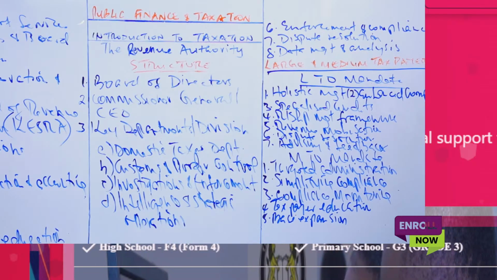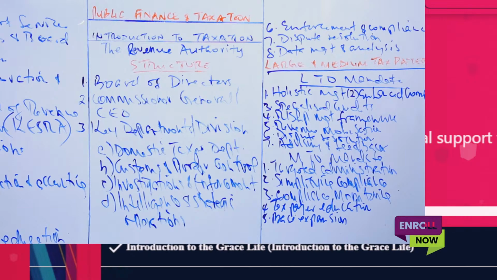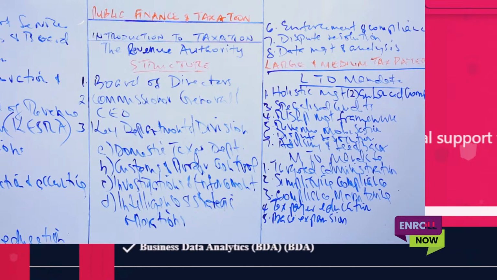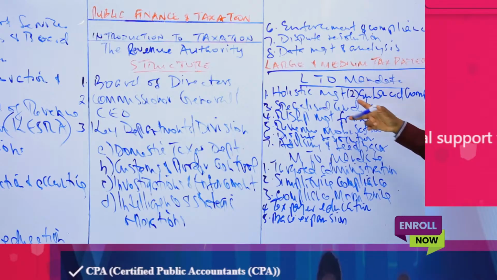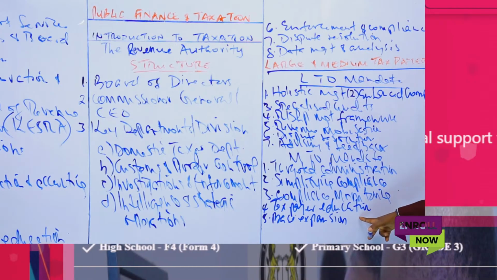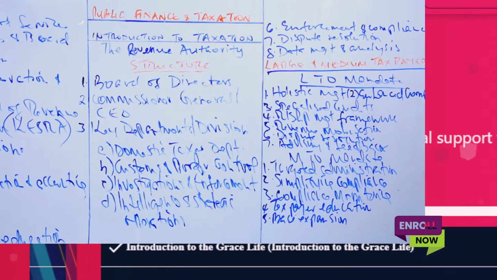The MTO contributes to the expansion of the tax base by ensuring compliance among this growing segment of businesses. So these are 7 functions of the Large Taxpayers Office and 6 functions of the Medium Taxpayers Office.